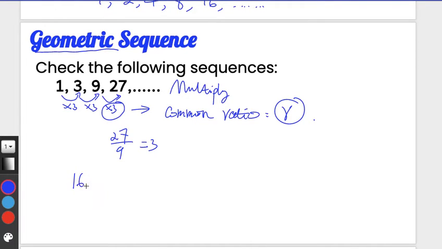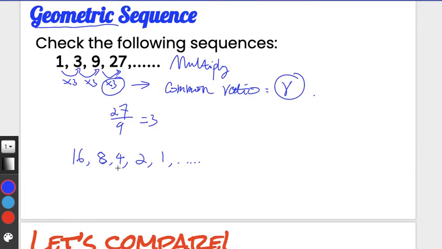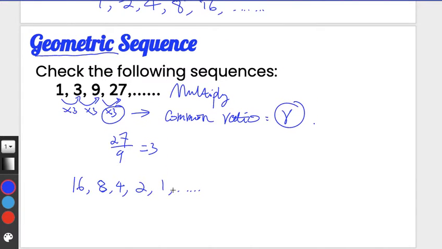So let's see another one. Sorry for my writing. If we compare, this one is quite different, right? The first one is getting bigger and bigger, but this new example is getting smaller and smaller. So how do we find the common ratio for this case? Some students might say it seems like dividing by 2.